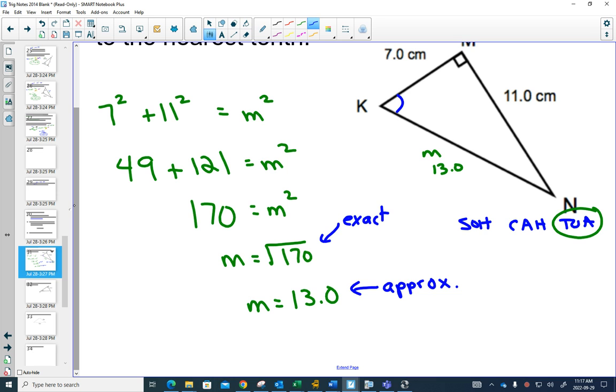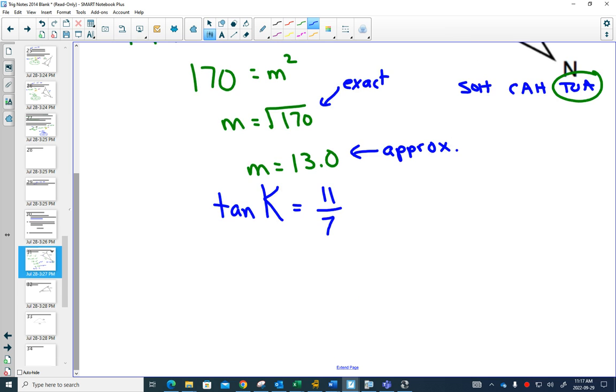And if I wrote out the definition for tan, and I'll put a big K here because that's the angle I'm looking at, opposite side is 11, adjacent side is 7. How do you get rid of the tan? Because you want to get the K. Yes, the tan inverse, or the tan minus 1.